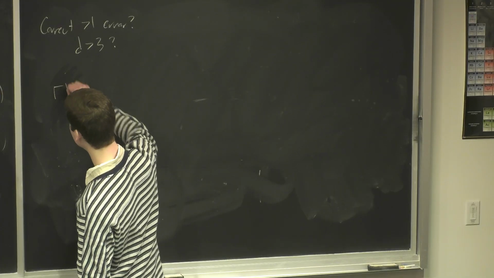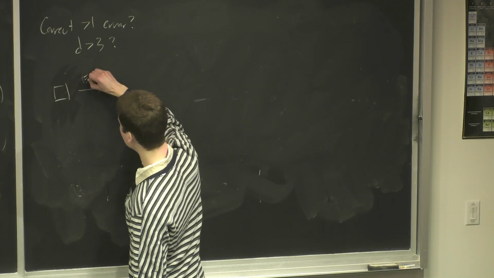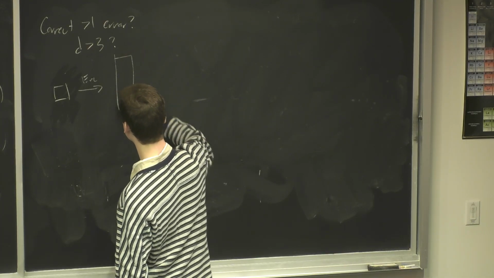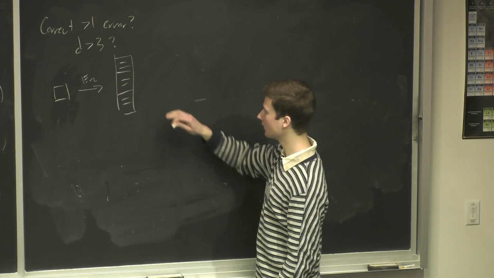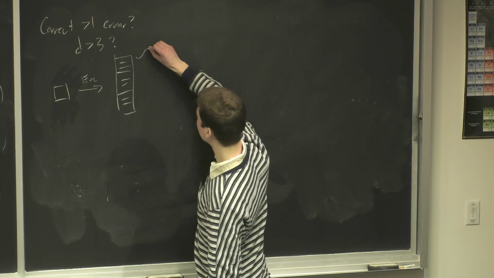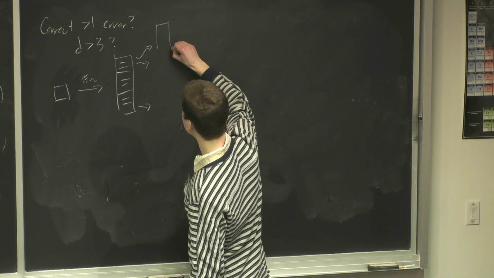So we can start with our single message qubit, encode it into the Shor code. So that's like a 9-qubit code. This gives us 9 physical qubits that we can then take each of these physical qubits and encode into another Shor code.